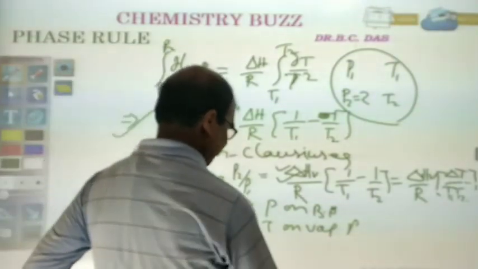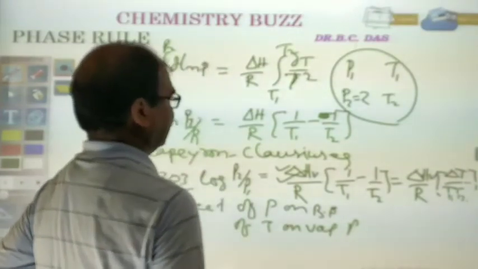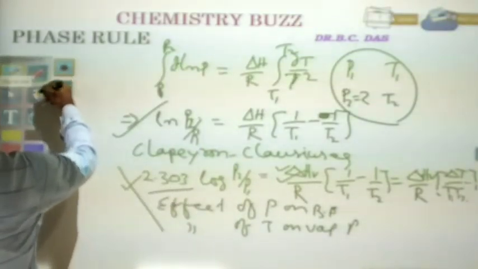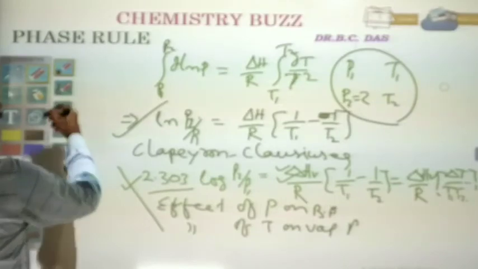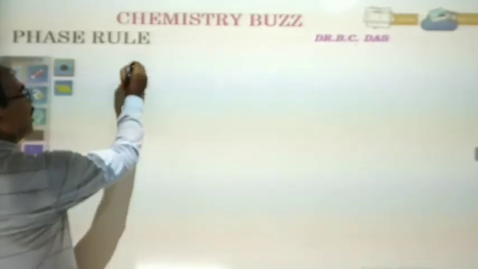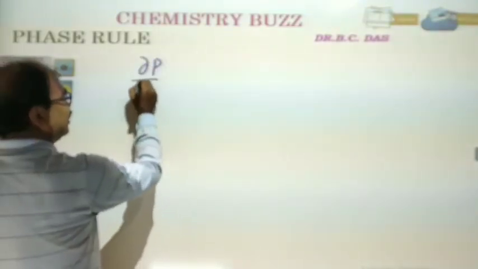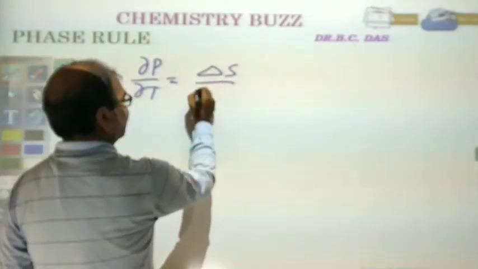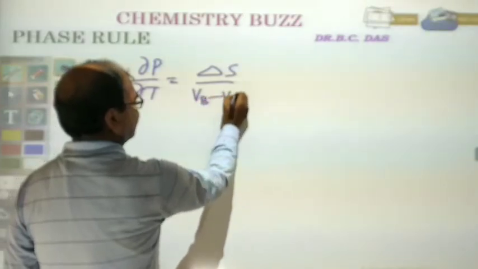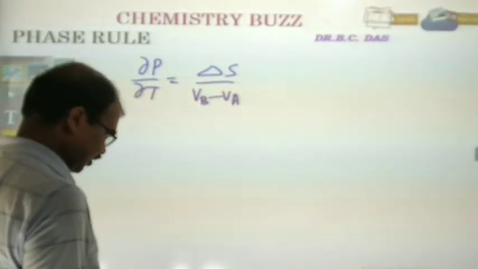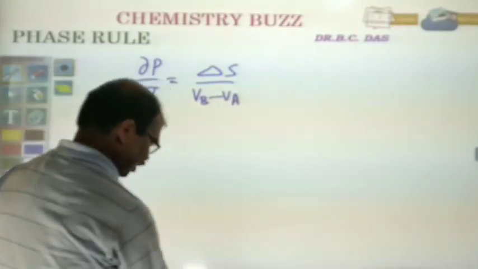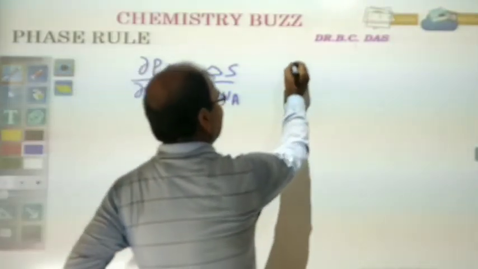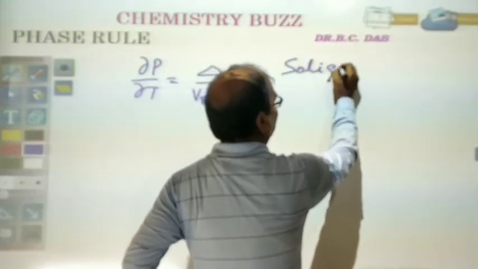Now let us see the application of the Clapeyron equation. So the Clapeyron equation is dP by dT is equal to delta S by (V_B minus V_A). And let us consider the solid liquid equilibrium.